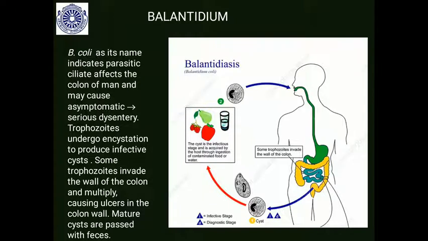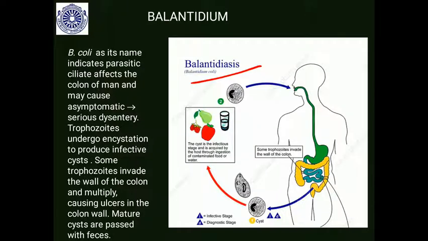Balantidium coli, as its name indicates, is a parasitic ciliate that affects the colon of man. Many times it is present in the colon without disturbing the host. Sometimes, with their aggregation, serious dysentery may occur, and this is called balantidiasis.